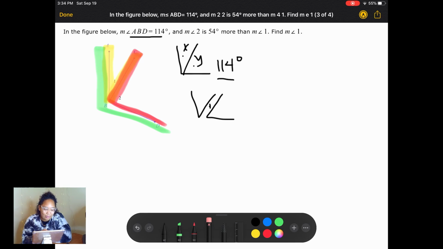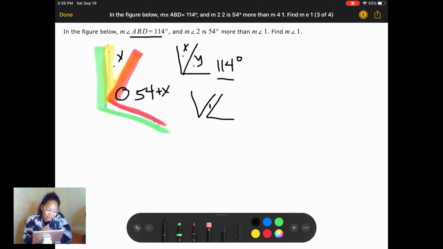So it tells me that measure of angle 2, which is this guy right here, is 54 more than angle 1. So I'm just going to call angle 1 X. So if this is X, measure of angle 2 is 54 plus X, because it's 54 more, right?